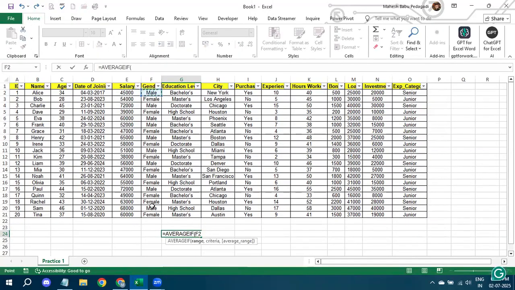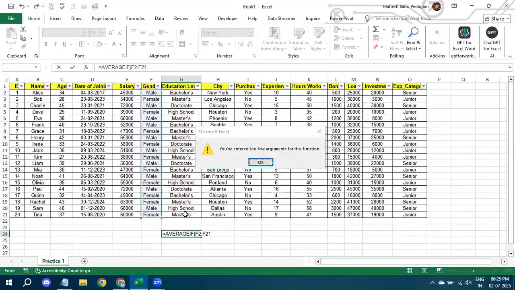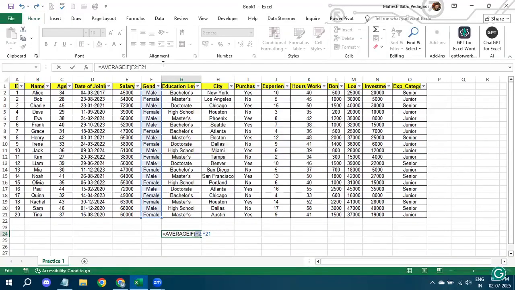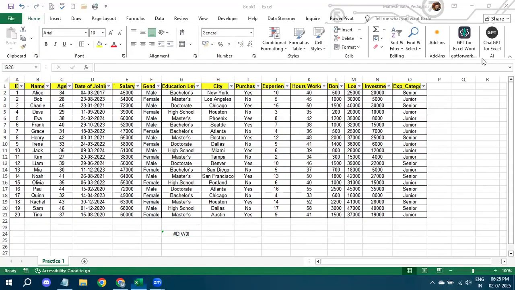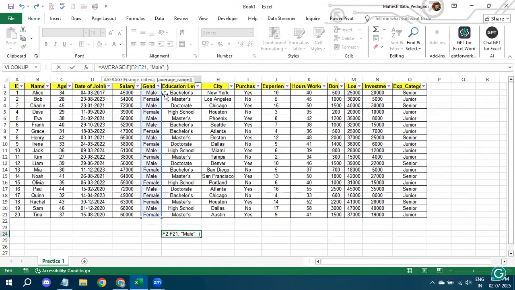Average, range, and the criteria is this one. From this entire criteria, let's say male, comma, male. I'm getting this. Yes, one second. Average, F2, criteria after that, I need to check the range.